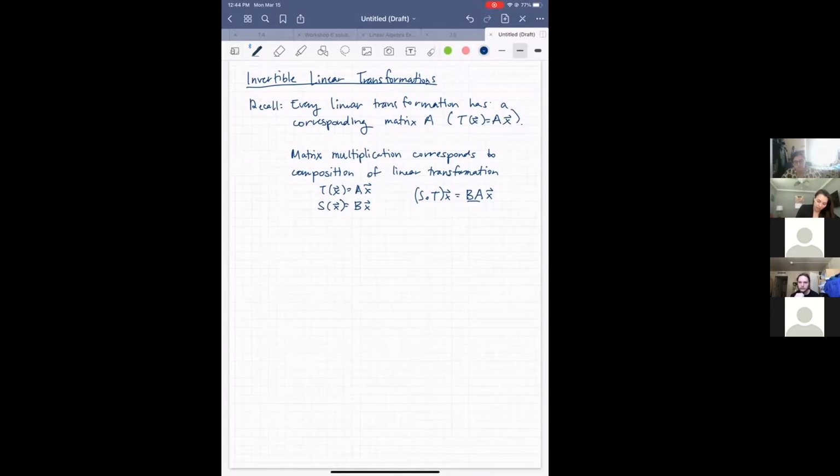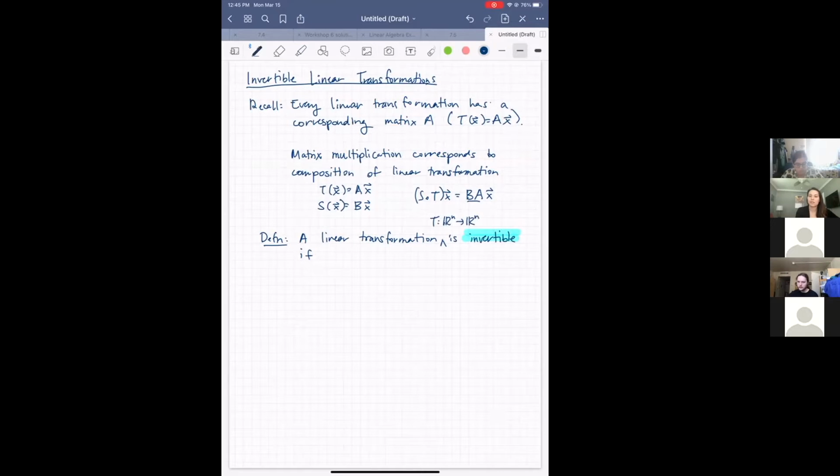Now, a linear transformation is invertible if it has an inverse. So let's make it clear: we'll say T maps Rn to Rn.